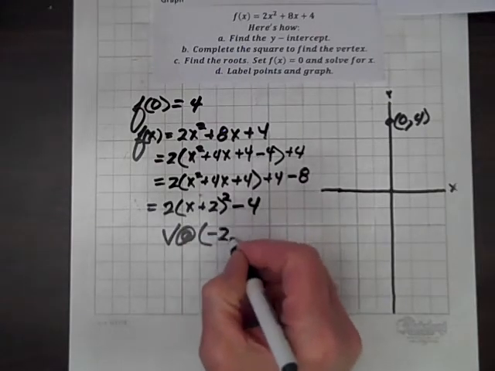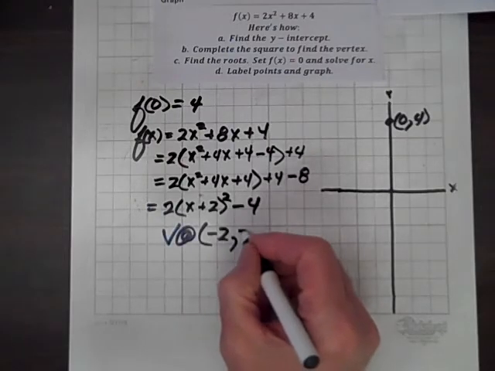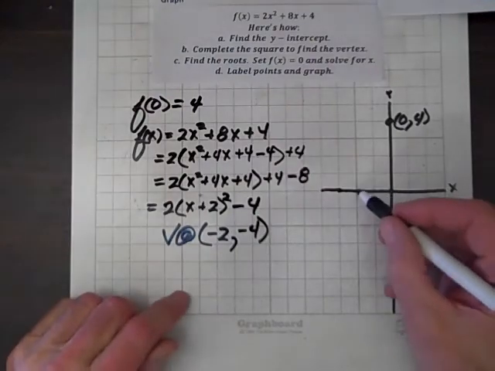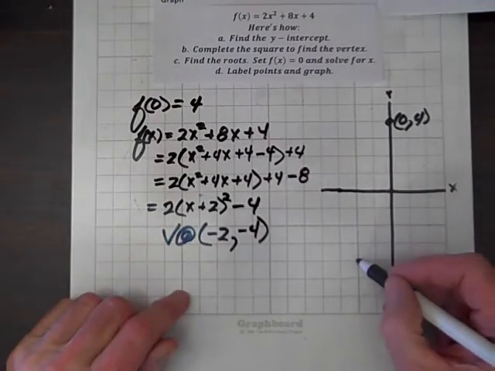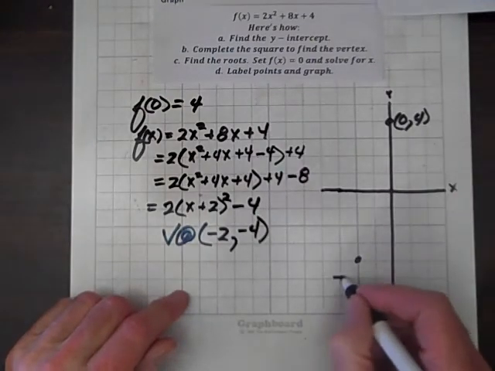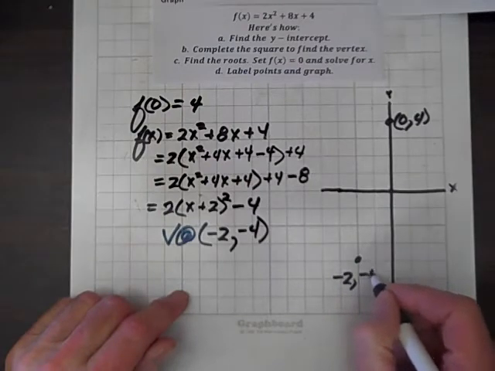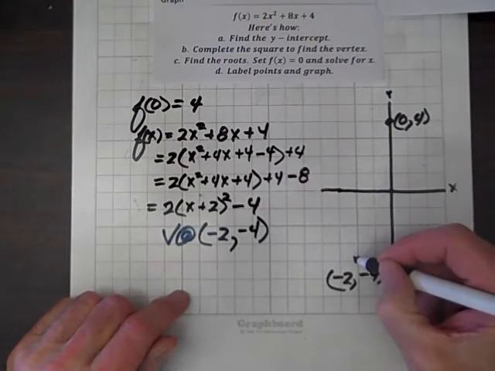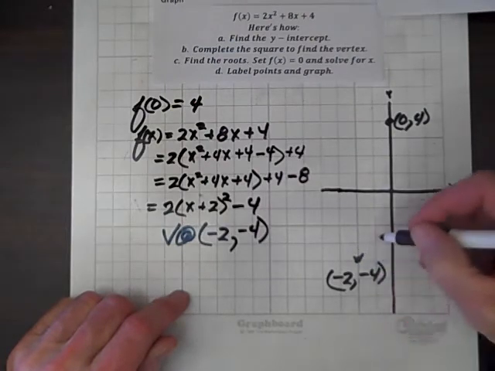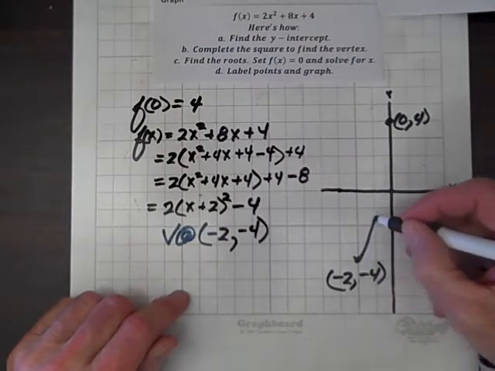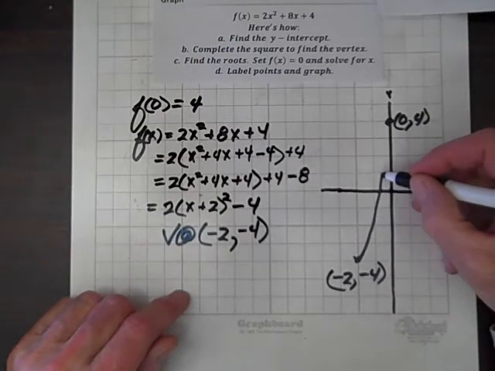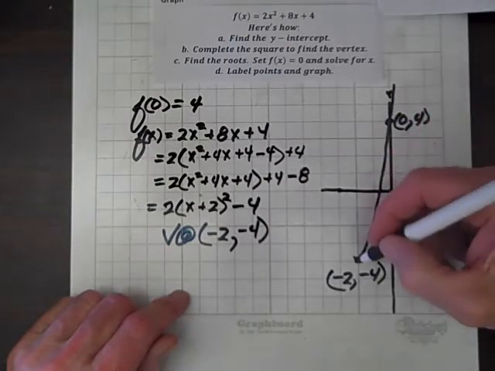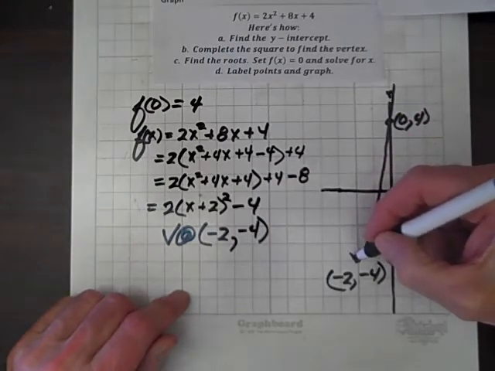It's negative 2, and the y-coordinate is negative 4. So we'll go over 2 and down 4, and here we are at negative 2, negative 4. And we can draw our graph at this point. There we go.